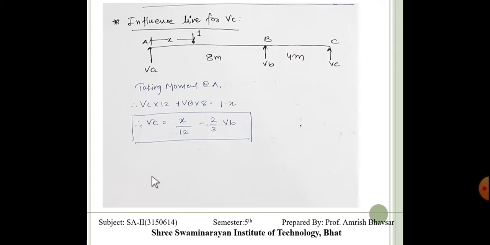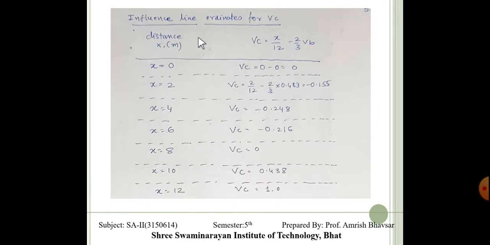Now we have VB. So we can put that value of VB and we will get the ordinates for influence line of VC for a distance X. X is equal to 0, VC is equal to 0. X is equal to 2, VC is equal to minus 0.155. X is equal to 4, VC is equal to minus 0.248.